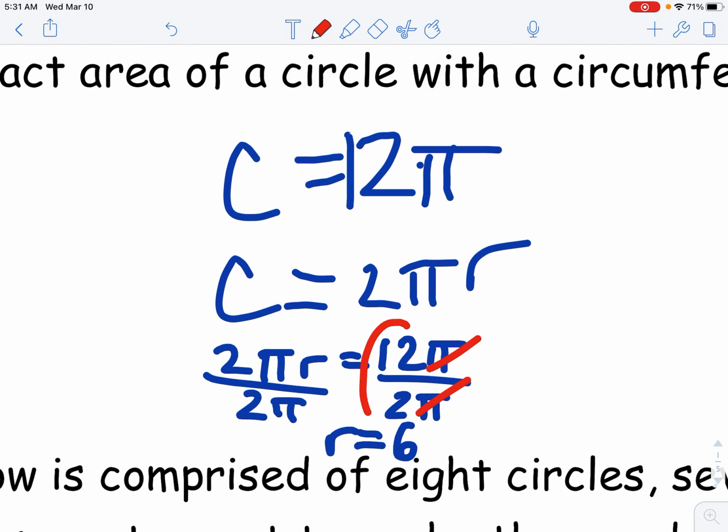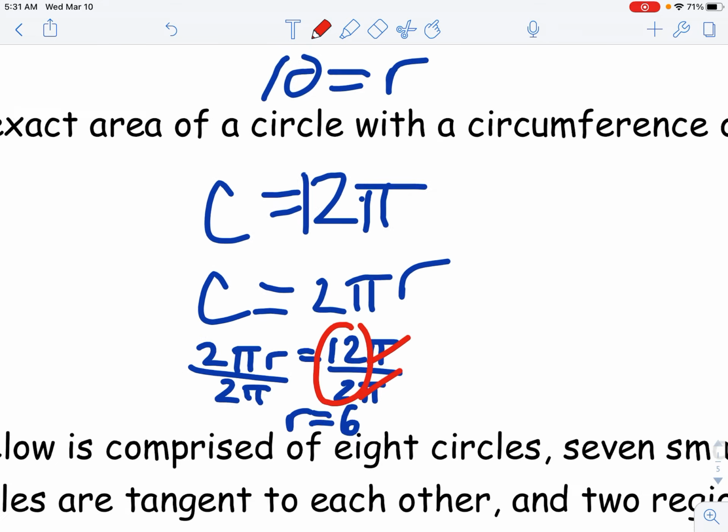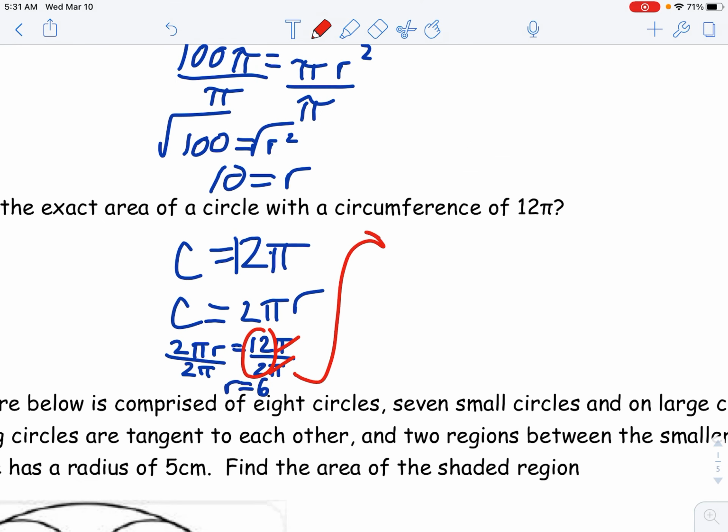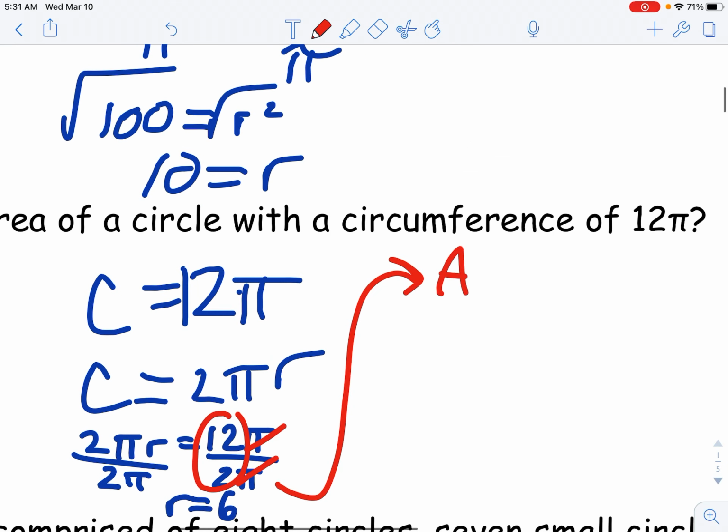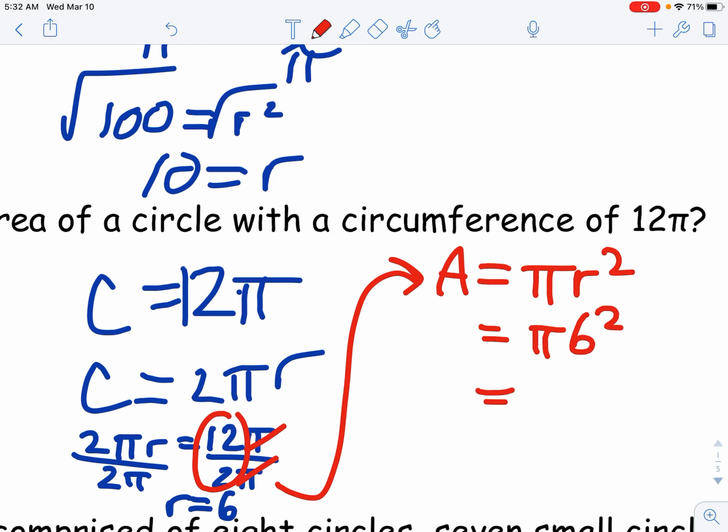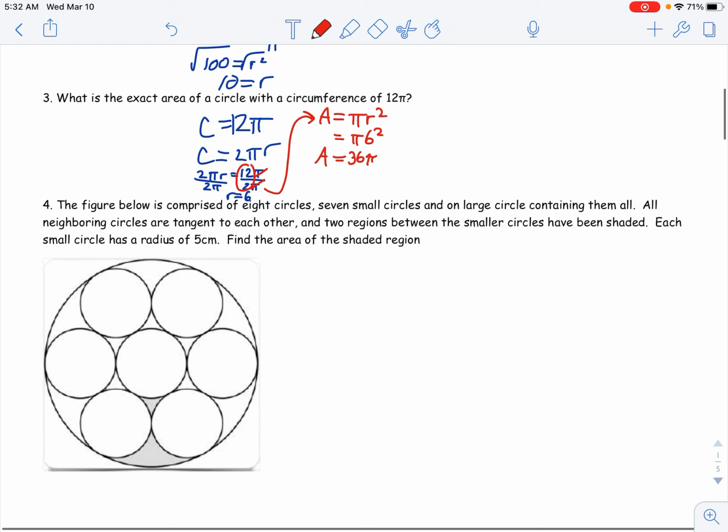The pi's kill each other, and 12 over 2 reduces to 6. So then the radius is 6. So then I just plug it in my trusty formula. So that's interesting. If we know the circumference is 12 pi, we can eventually determine that the area is 36 pi. Cool beans, all right?